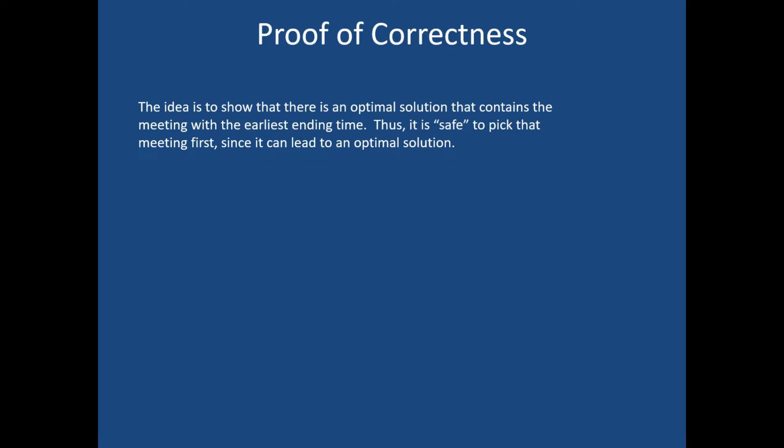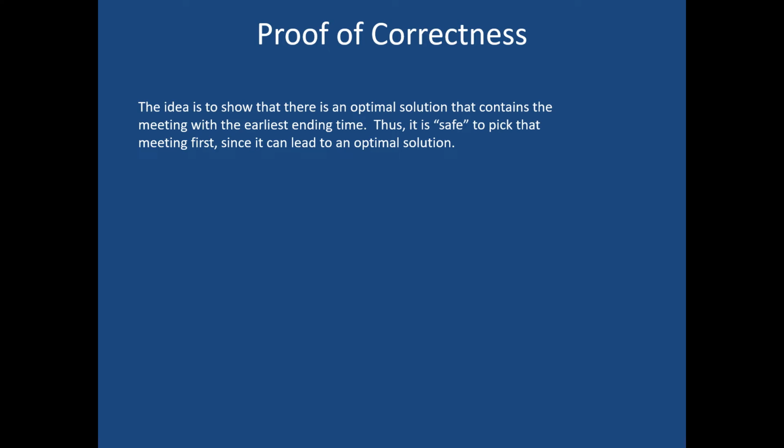And the way we're going to do that is we're going to say to ourselves, okay, assume that there's an optimal solution that does not contain the greedy choice. So that's possible. There could be other solutions that are just as good that don't have the greedy choice. So our proof is going to consist of taking a solution that does not contain the greedy choice and showing that it can be manipulated, that the existence of that optimal solution implies that there's another optimal solution that does contain the greedy choice.